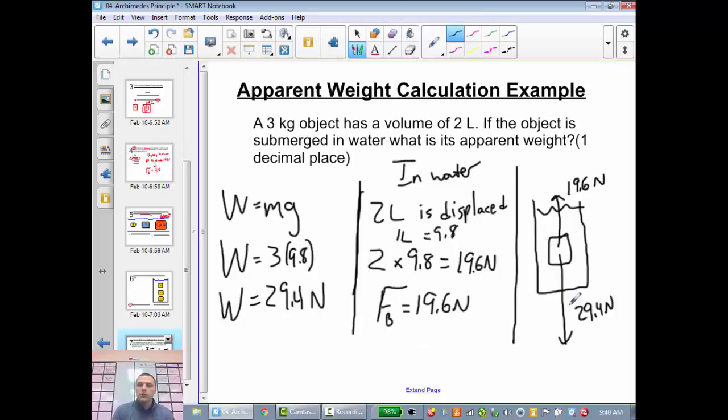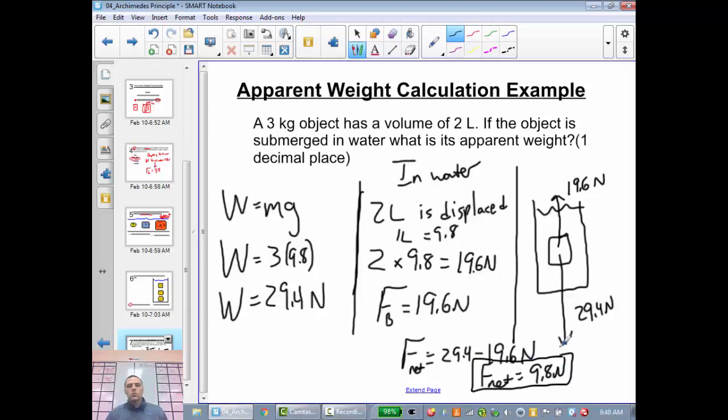The overall force acting on this, or the apparent weight, the net force, is 29.4 minus 19.6 newtons, and we end up getting a value, the net force, of 9.8 newtons. So there's how we can apply Archimedes' principle to find the apparent weight of an object.